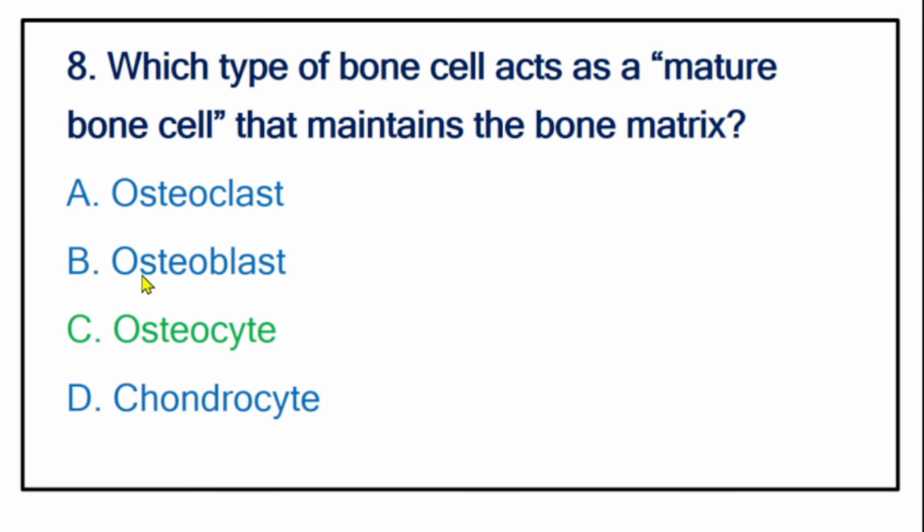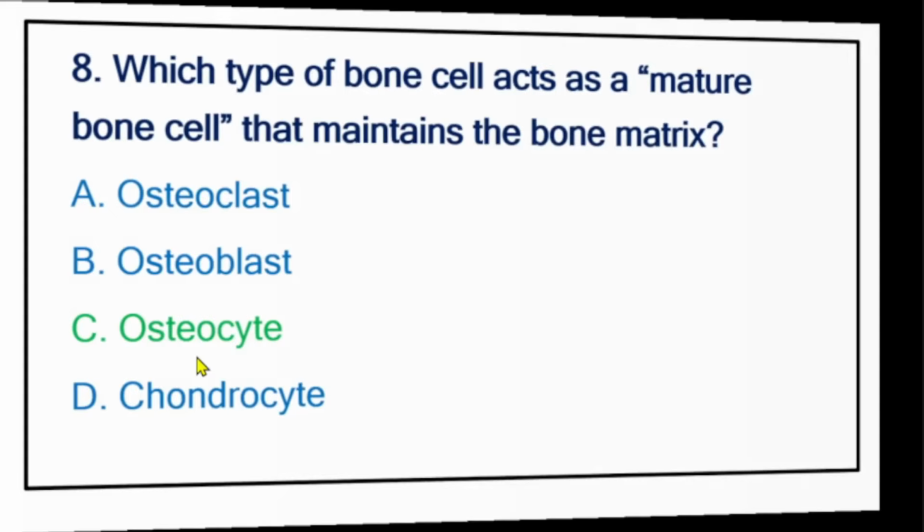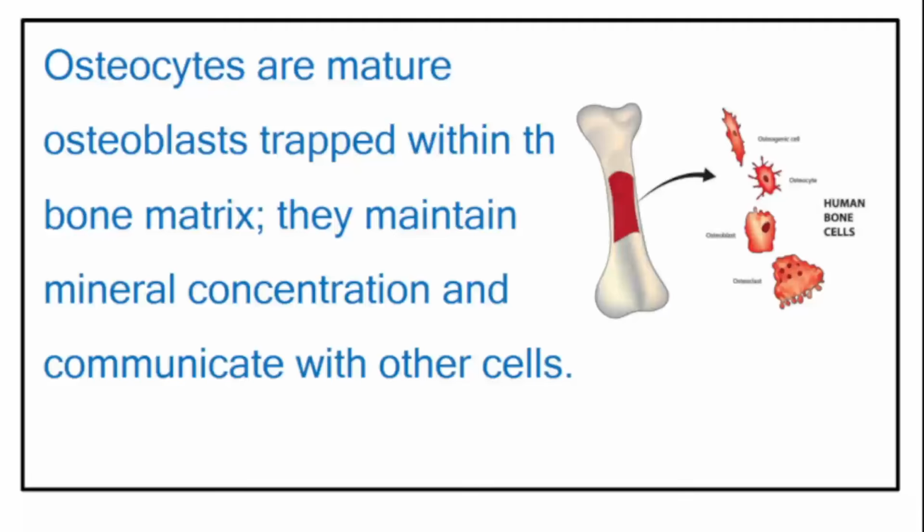Initially the osteoblast starts the bone growth process. Later it becomes an osteocyte that maintains the bone matrix. Osteocytes are mature osteoblasts trapped within the bone matrix. They maintain mineral concentration and communicate with other cells.